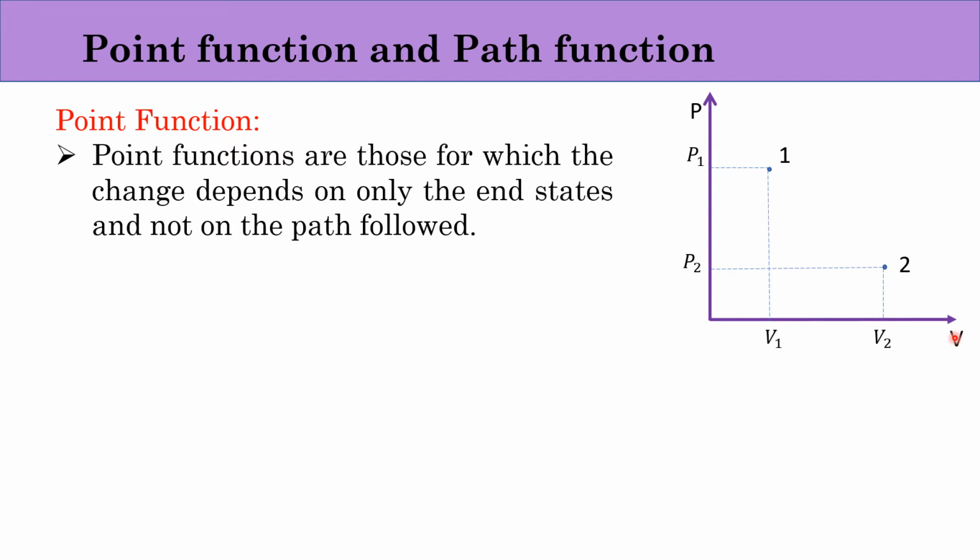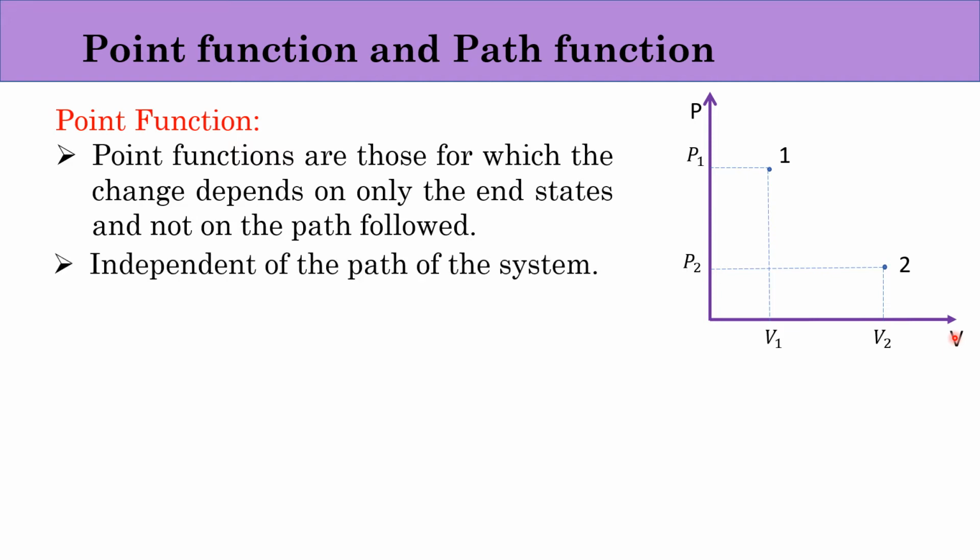Similarly, to plot the TS diagram we should know the properties like temperature and entropy. So even temperature and entropy are considered to be point functions. Remember, the thermodynamic properties of a system change with the state of the system and are independent of the path of the system.